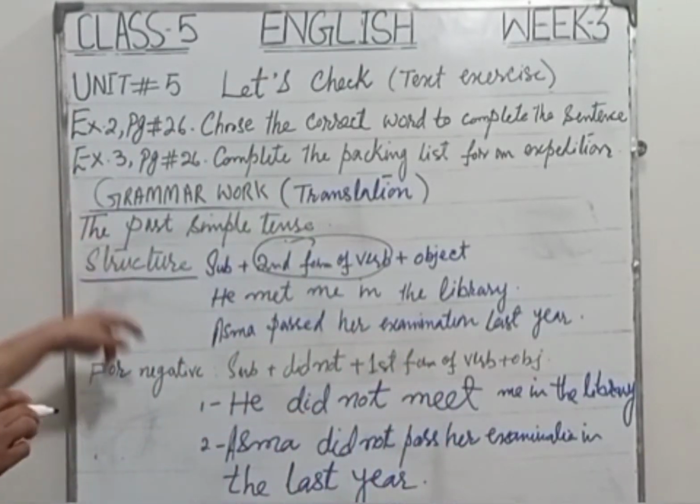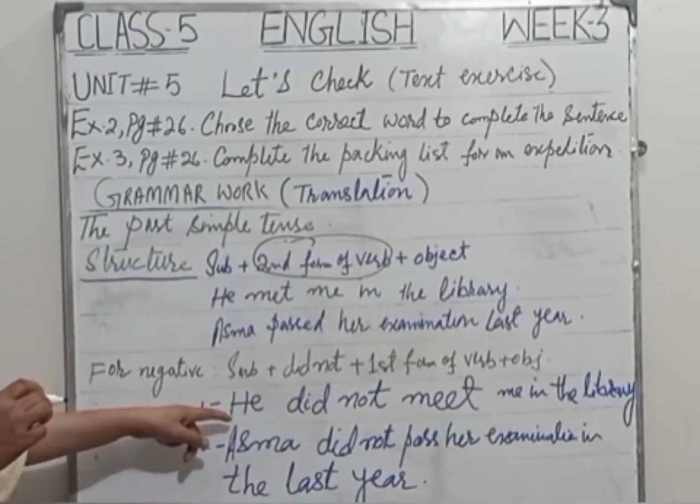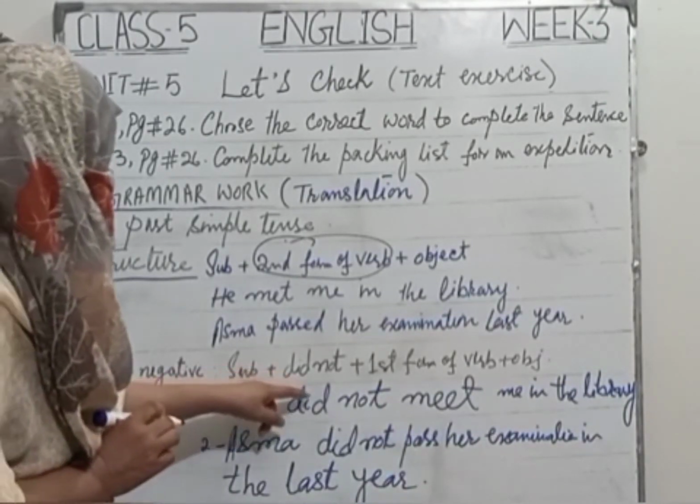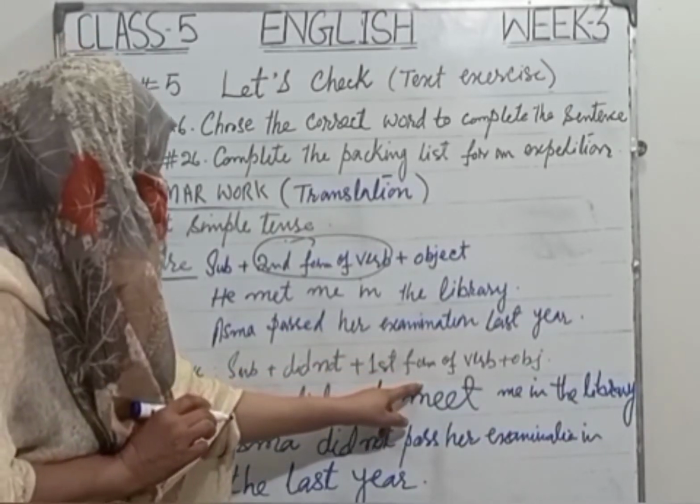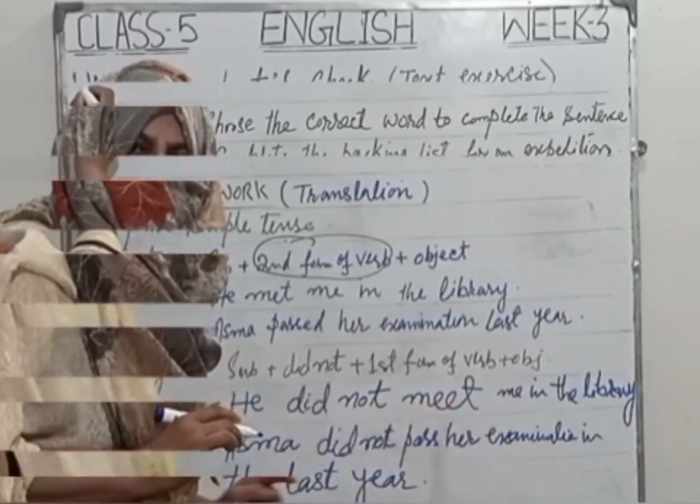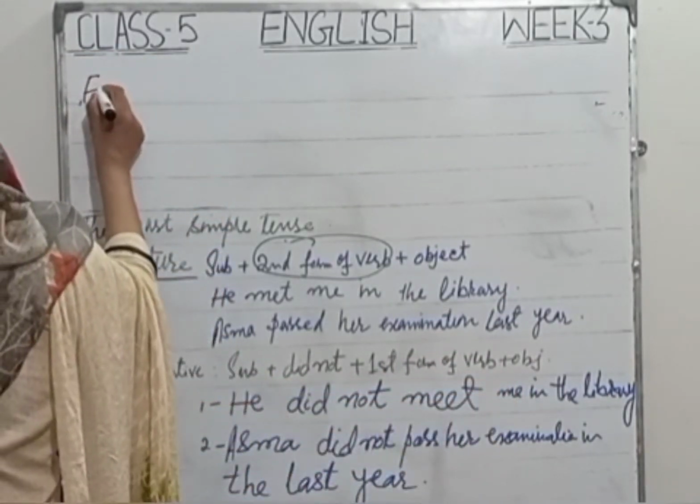I hope you understood this structure for negative sentence. It means subject did not, the second form of verb will change into the first form of verb, then object. Or interrogative.